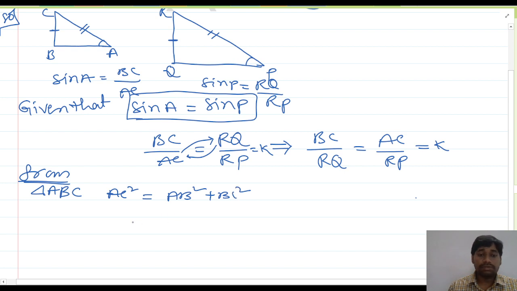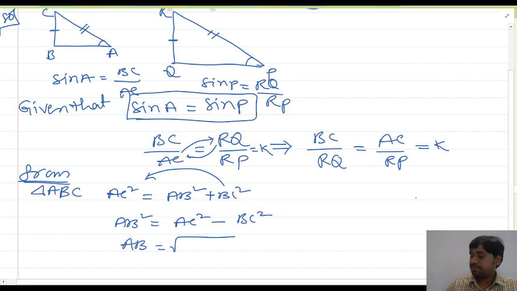I want AB square, so AB square can be written as AC square minus BC square. Then AB can be written as the square root of AC square minus BC square.